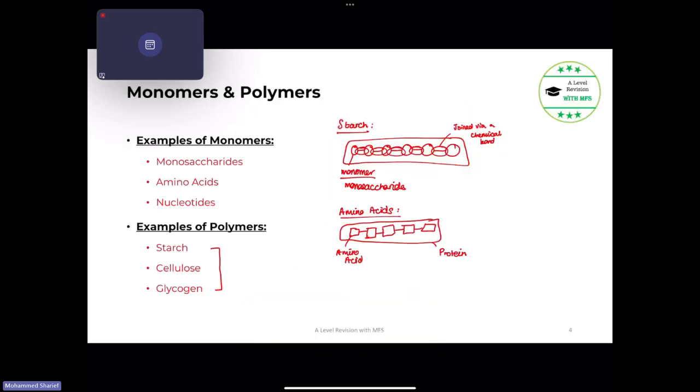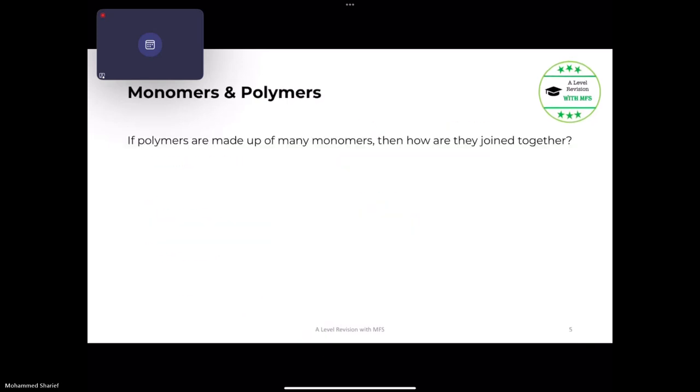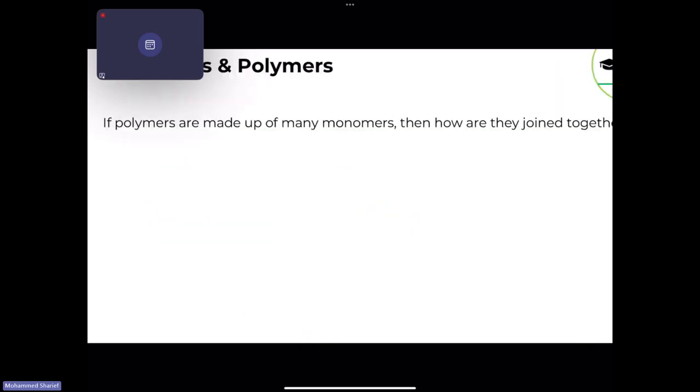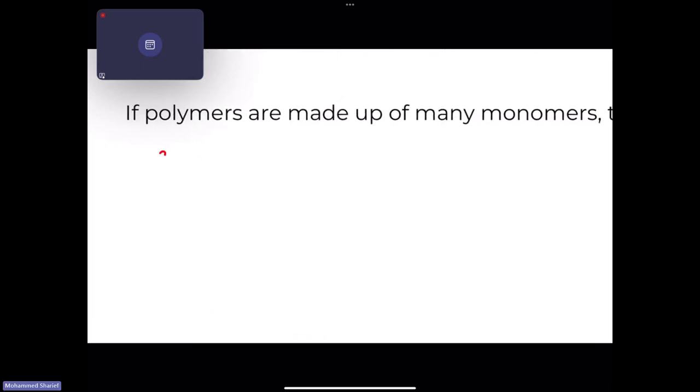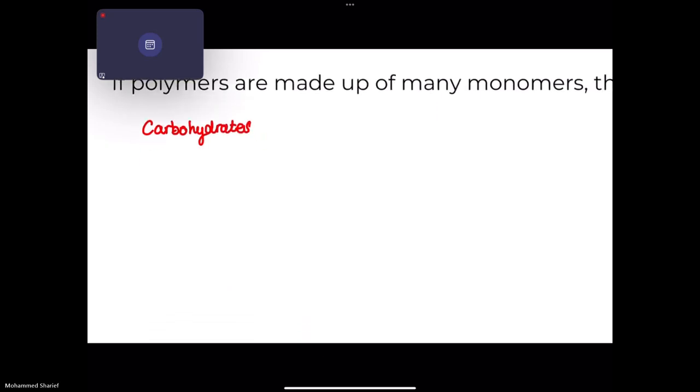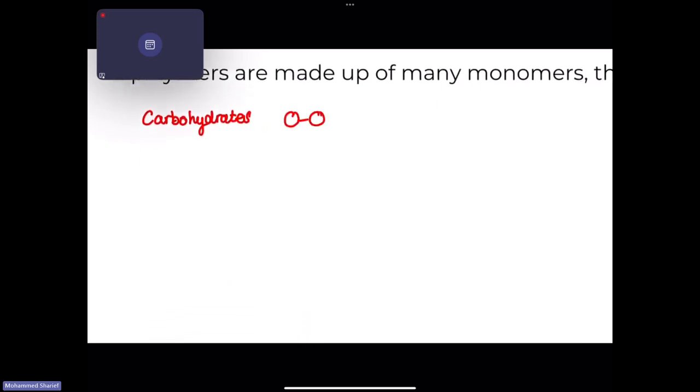And there are many different types of chemical bonds that you need to be aware of throughout biological molecules, and we'll have a look at them each in a different lesson. But for example, we've got carbohydrates. In carbohydrates, we would have a glycosidic bond present.